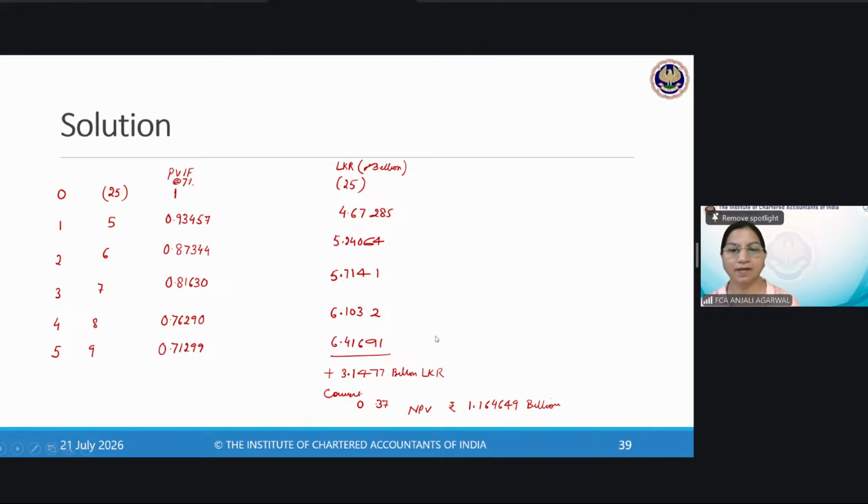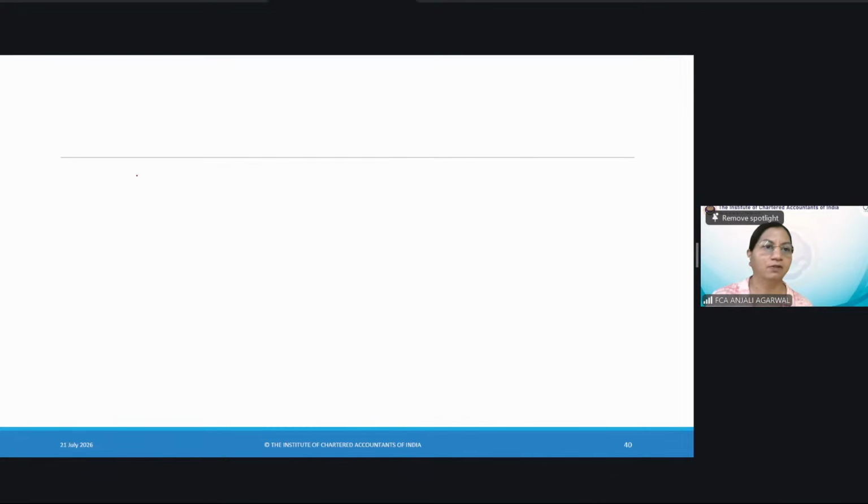Now you can do the same calculation in Indian currency, the home currency. But to be able to do it in home currency, you need one thing. You need the forward rates.